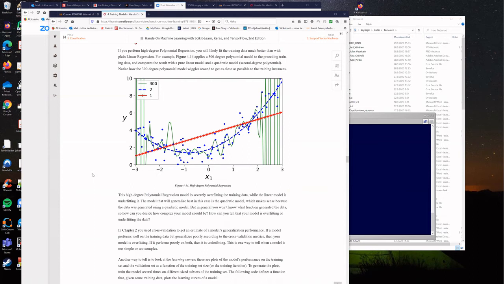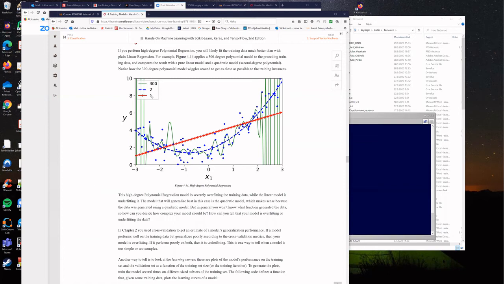And in this case, we say that this model underfits the data, and we need a more complicated model like a second order polynomial to fit the data correctly.